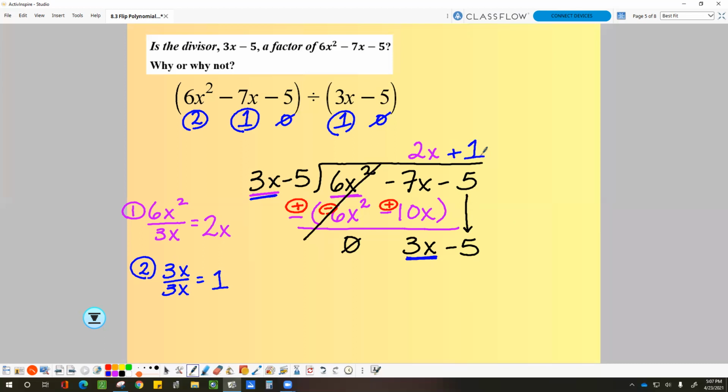And I multiply. 1 times 3x is 3x. 1 times -5 is minus 5. I need to subtract this binomial. So I change all the signs.